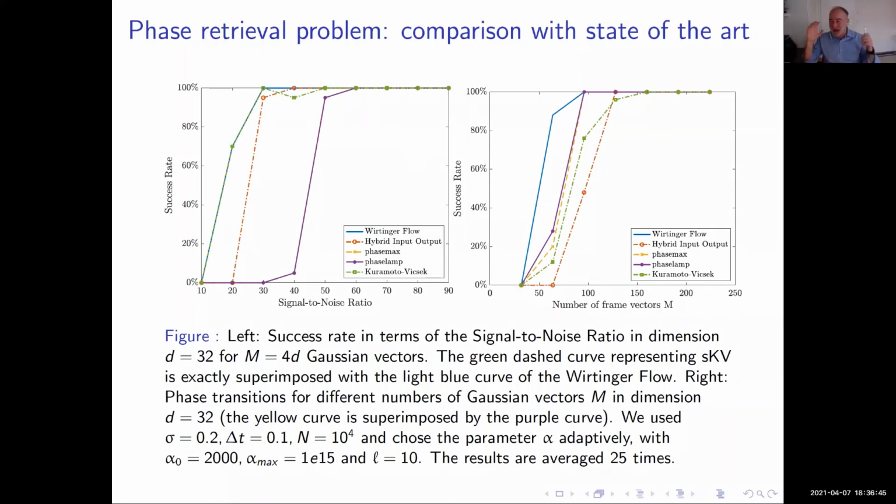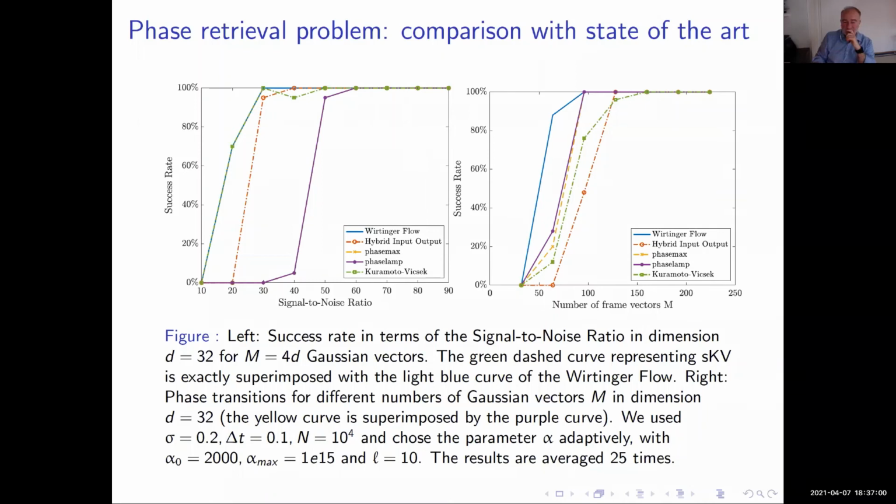So you don't need an ad hoc method, in a certain sense. You take the consensus-based optimization and you make it work for this problem. The funny thing is that we don't need any gradient information, and it works pretty well.